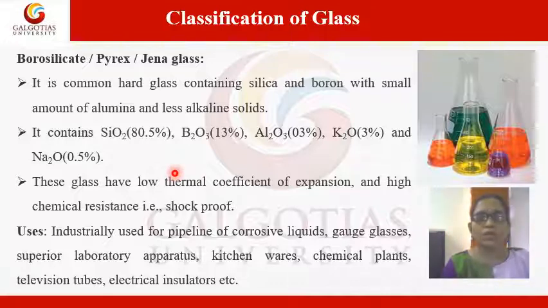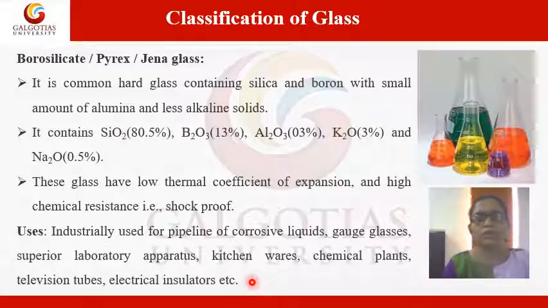What are the uses of this glass? This glass is used as superior laboratory apparatus. Generally, normal glasses are used for normal test tubes and normal conical flasks. But borosilicate glass flasks or test tubes can withstand high temperature. Industrial uses include pipelines for corrosive liquids, gauge glasses and laboratory apparatus, kitchen wares, chemical plants, television tubes and electrical insulators.